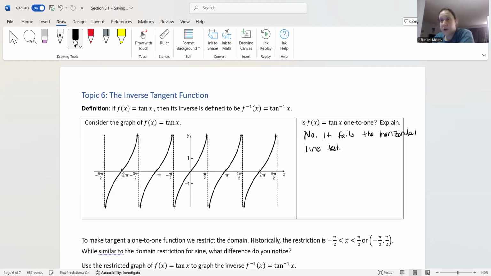We know that to be a function, each input has to correspond to only one output. That tells me the input values can't repeat, but we don't really care about the output values. But when we're talking about a one-to-one function, we need a situation where each input corresponds to a unique output, meaning input values can't repeat, but neither can the output values. And because of the periodic nature of trig functions, they're always going to repeat those output values. Tangent has a period of pi.